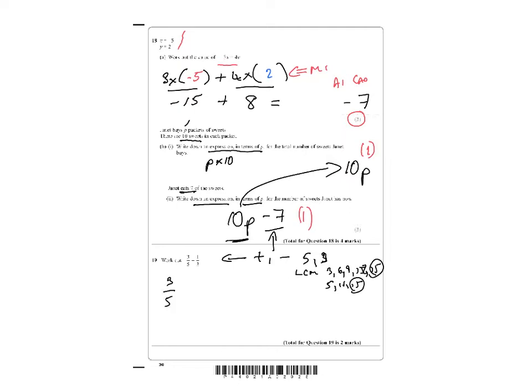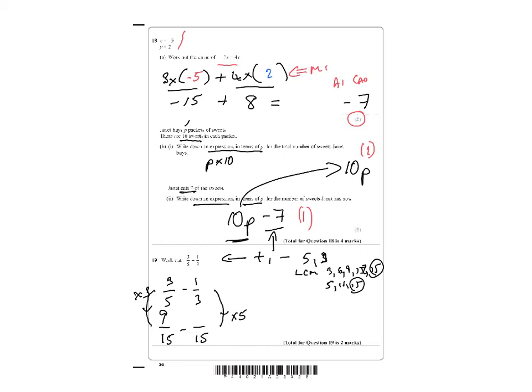So what I'm going to do is I'm going to rewrite these two fractions as an equivalent fraction with 15 as my denominator. So I have multiplied the 5 there by 3, so I've got to times the top by 3. 3 times 3 gives me 9.